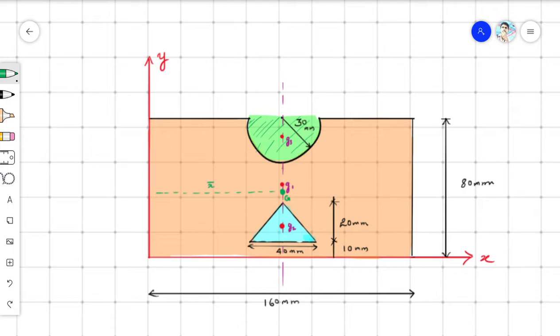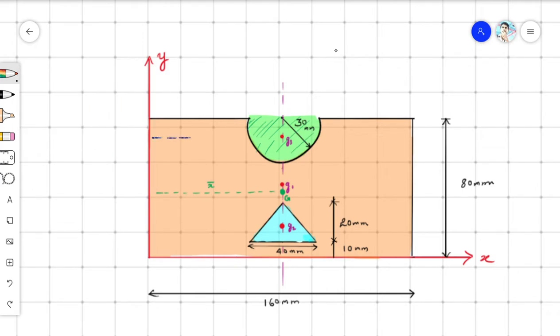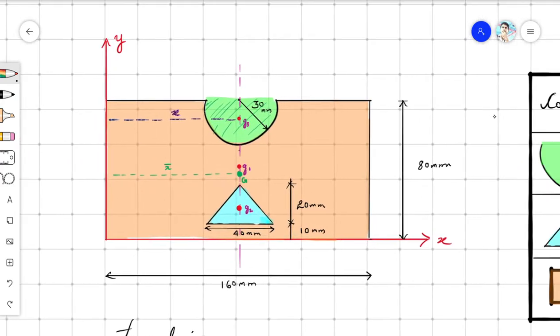What we need to find over here is this distance, and we take it as an x something. For the first component I'll take it as x1.